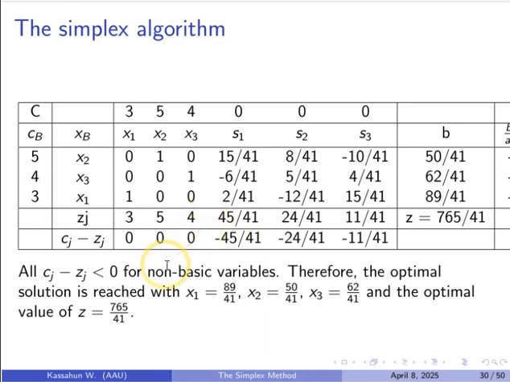So this Cj minus zj less or equal to 0, of course, for non-basic variables. Non-basic variables, here we have the non-basic ones are now this because this took the place of the basis variables.